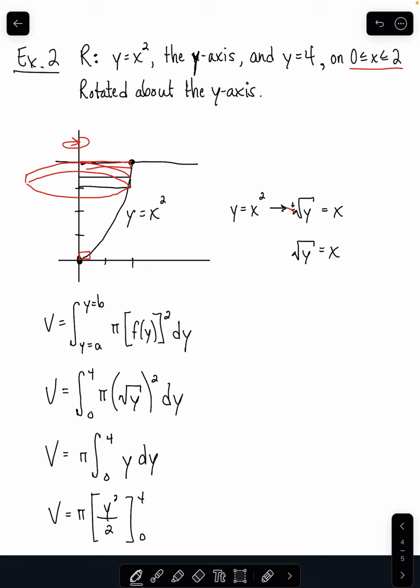And this is simple enough to evaluate. We have 4 squared over 2 minus 0 squared over 2 for a final result of 8 pi.